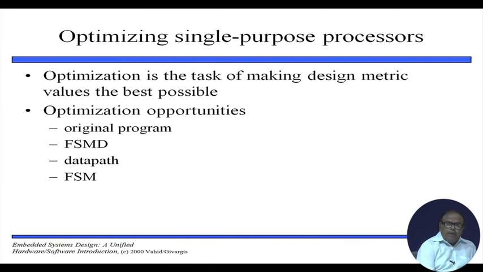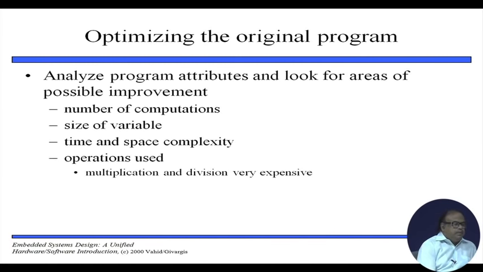We can do the optimization in the original program itself. We can try to optimize the FSMD, we can optimize the data path, or we can also optimize the controller, the complexity of the controller. Each of them we can do.